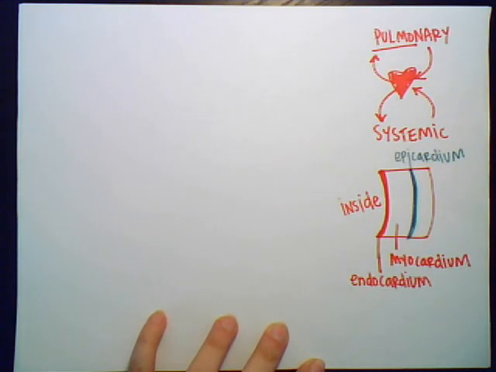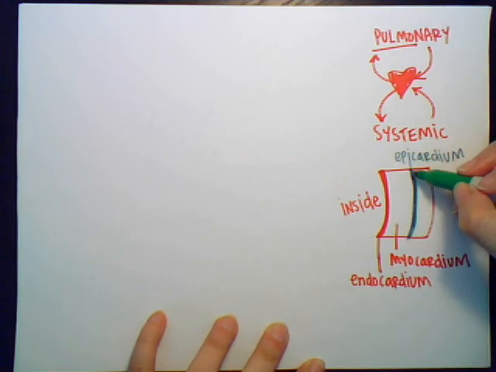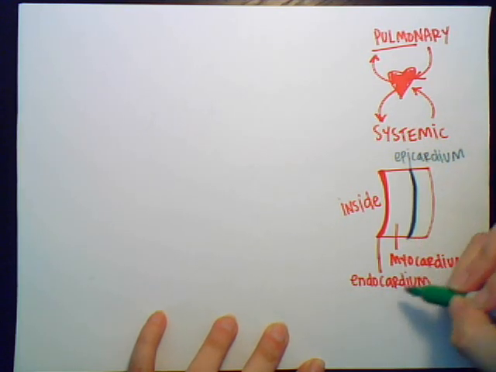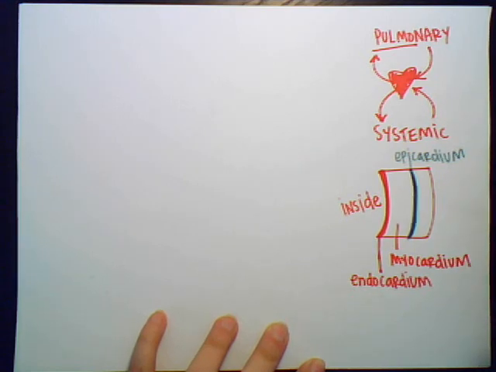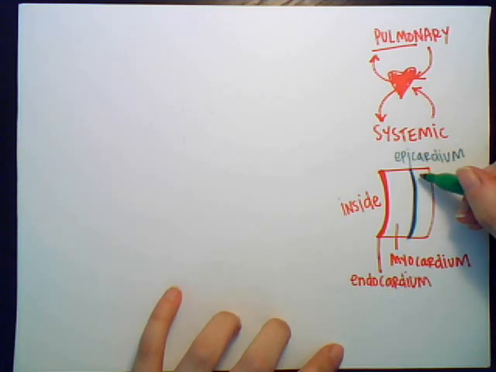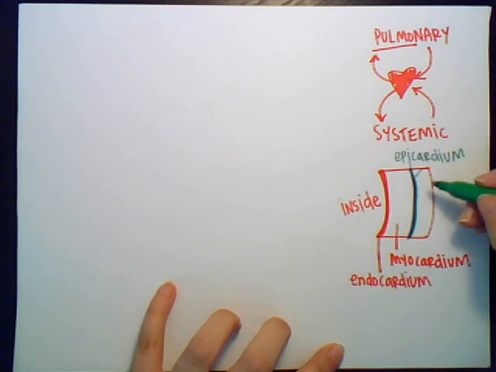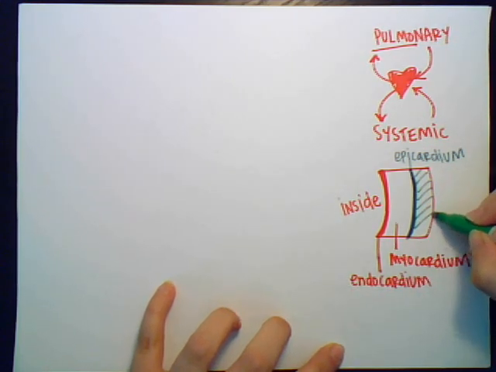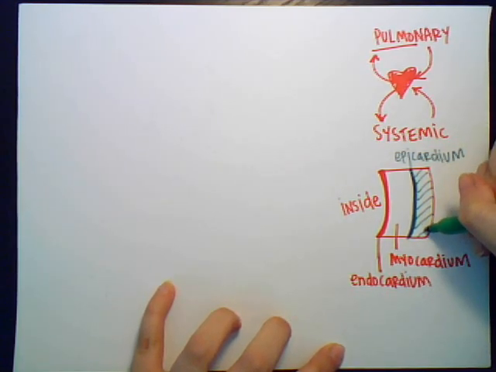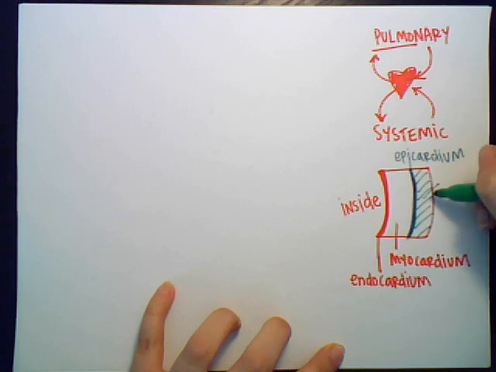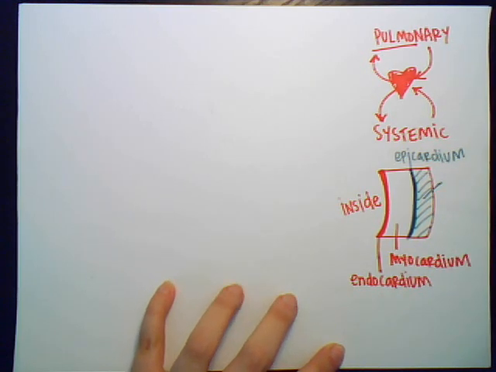Again, cardium for heart, and then epi meaning above, on the outside, versus the endocardium, which is on the inside. And then of course the outermost layer here, this layer here, that's going to be fibrous pericardium.